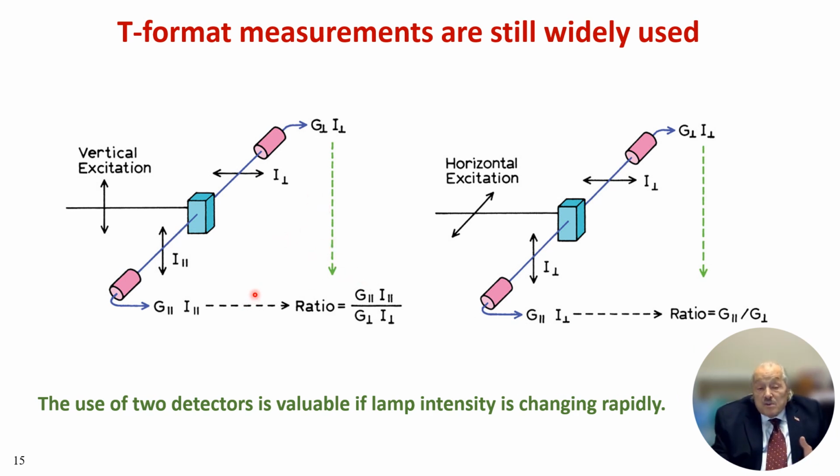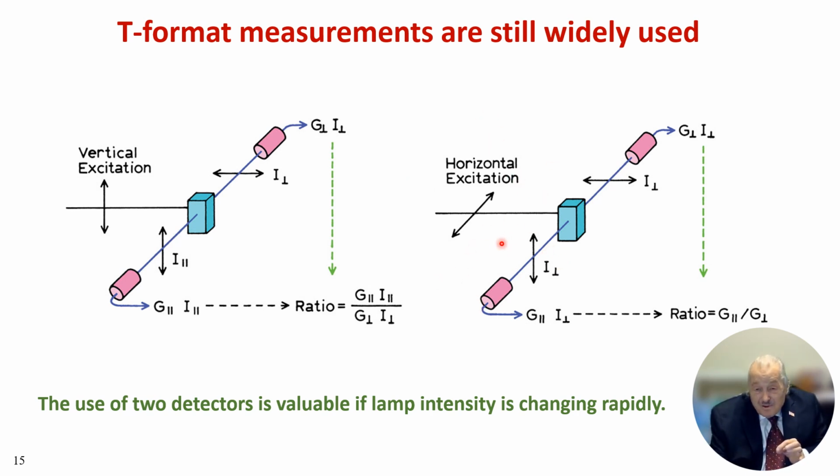But you can also do polarization measurements in a T format, in which you have a detector on each side. So the principle is exactly the same. You excite with vertically polarized light. You look at the emission in the two directions, parallel and perpendicular. You get slightly different answers, and you consider that to be essentially the G factor. So I'll back up here.